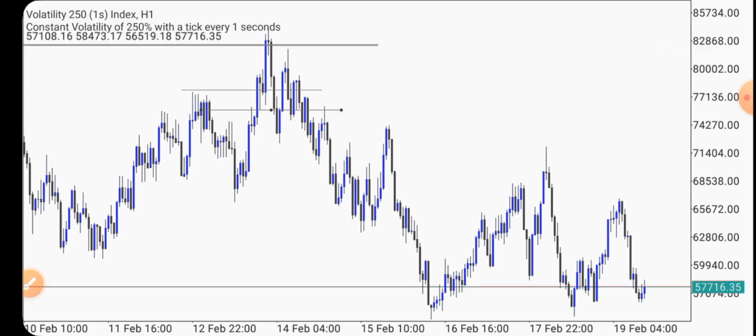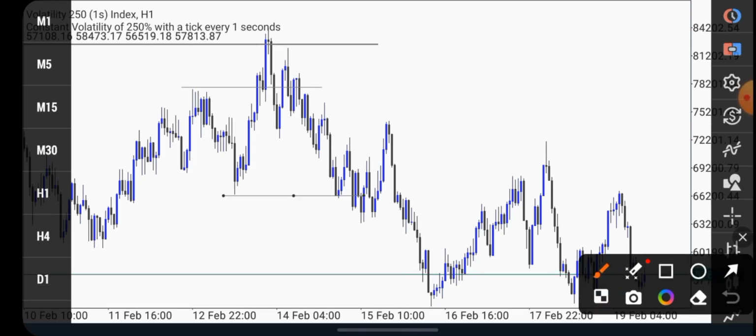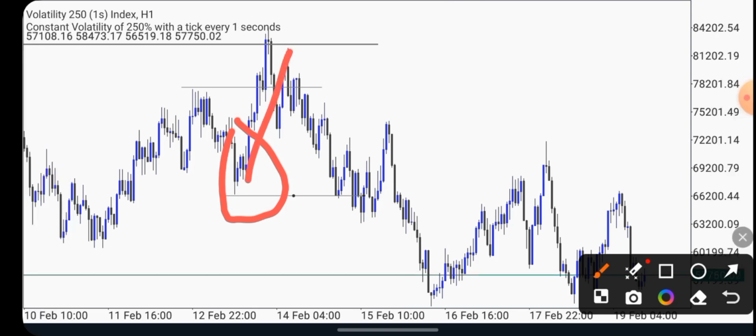Before that we had this zone here, taking it to the upside, and breaking the structure around here.